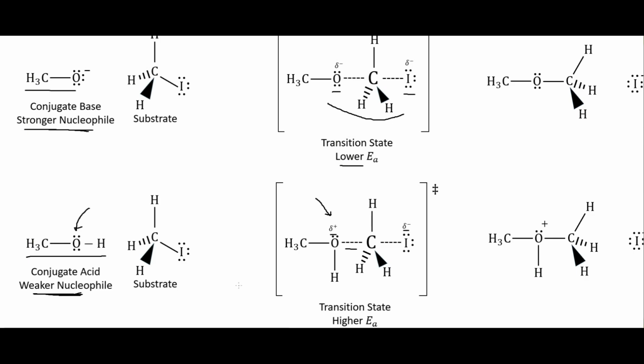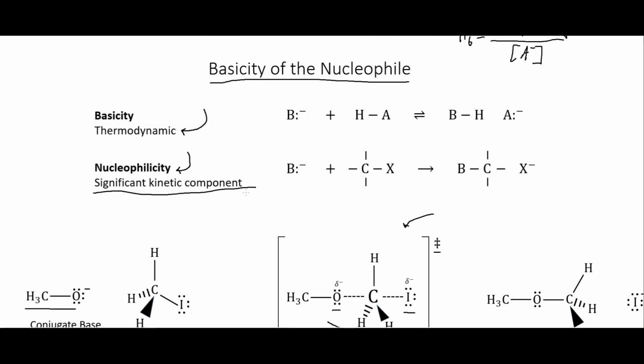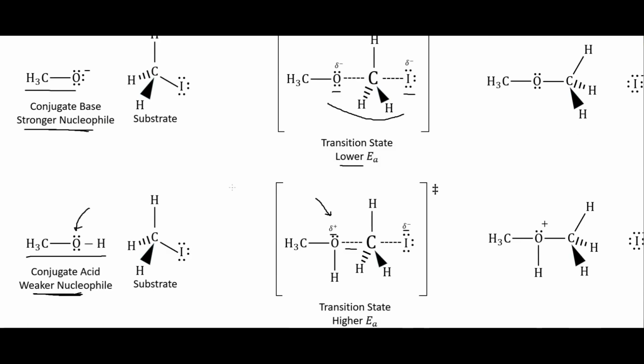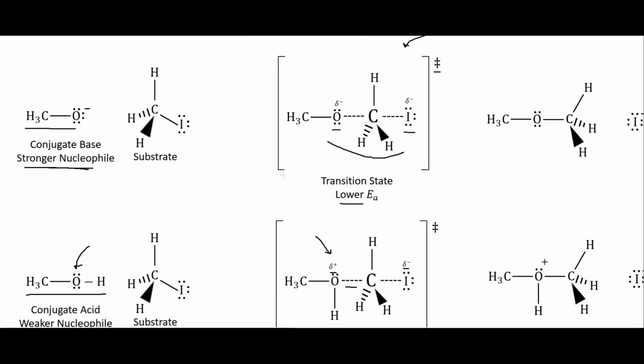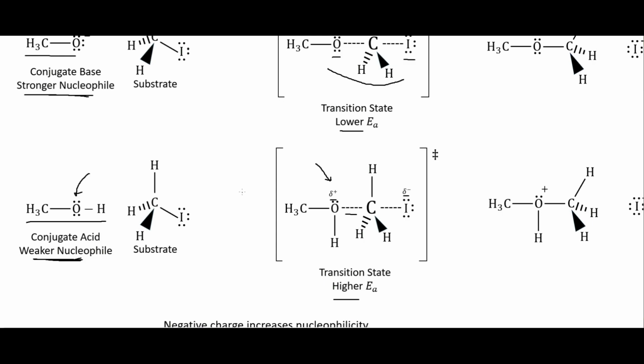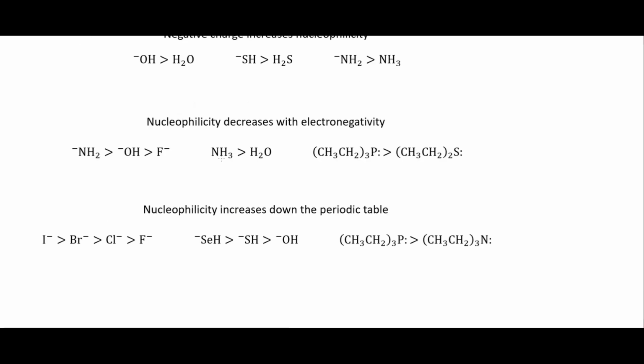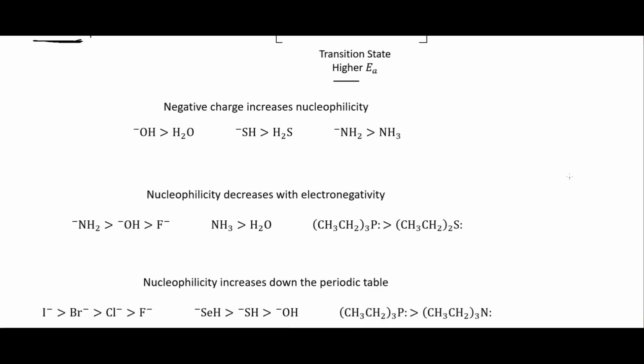As I said, there is a strong correlation between the strength of a base and the strength of a nucleophile, but keep in mind that the basicity of something is a thermodynamic or equilibrium thing, whereas nucleophilicity has to do with the kinetic component. But again, the conjugate base here is going to be a stronger nucleophile than the conjugate acid. All right, so negative charge increases nucleophilicity.